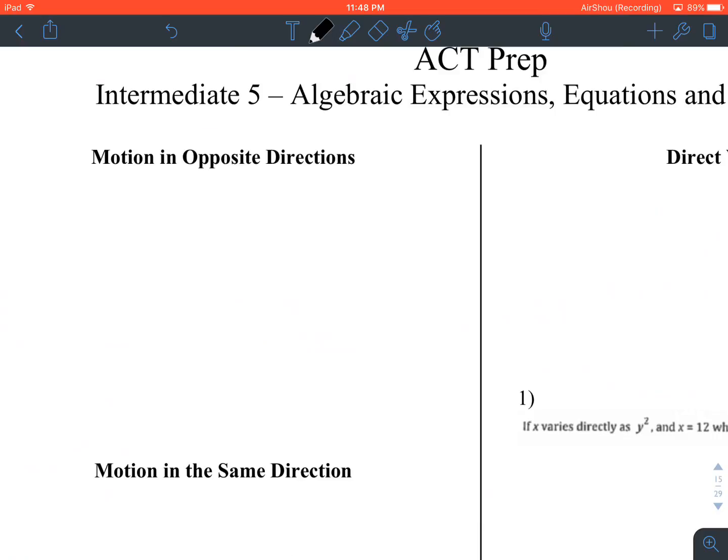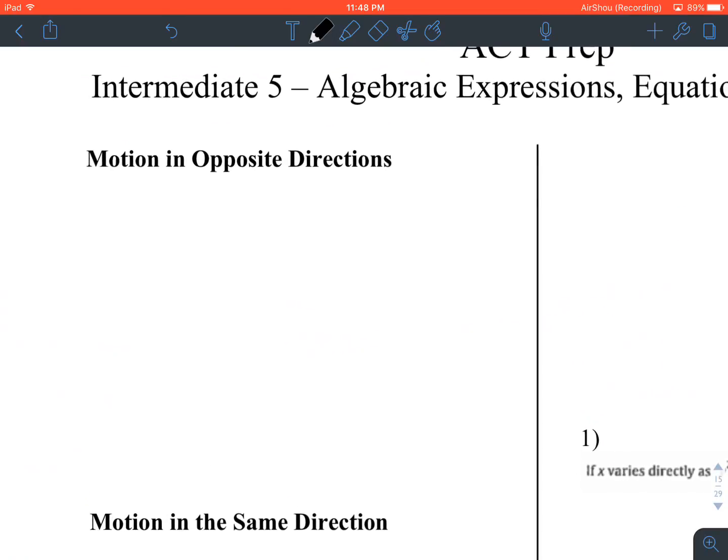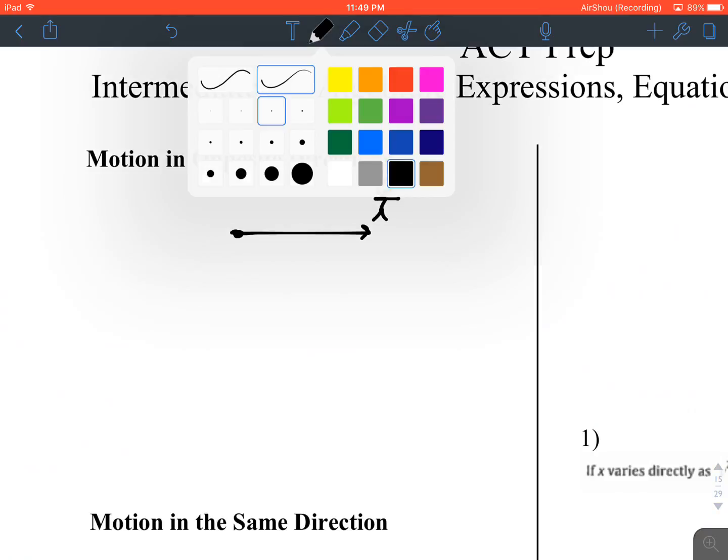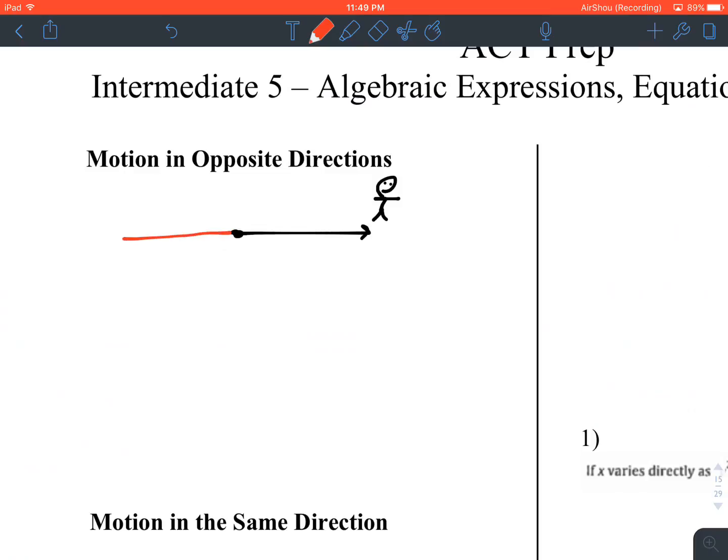So here's what that means. In one case, they're starting, let's say one is going in this direction, and someone else is going in this direction, opposite directions.